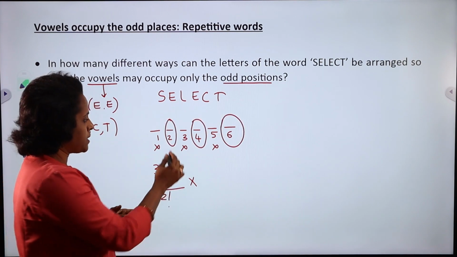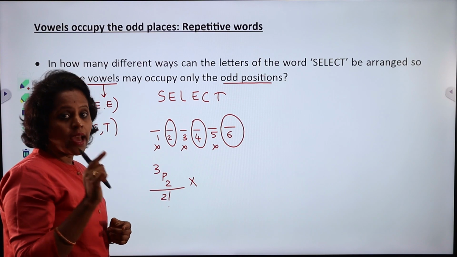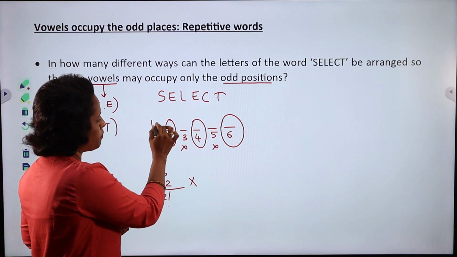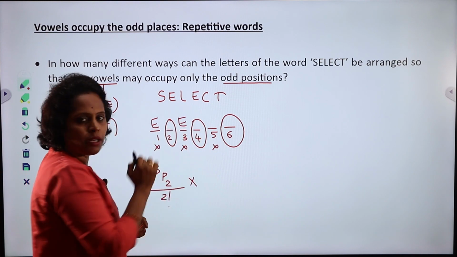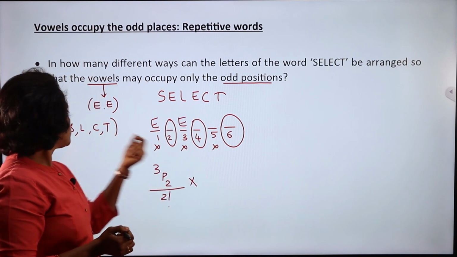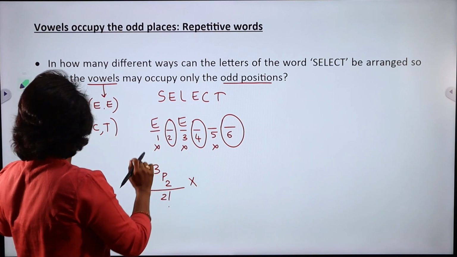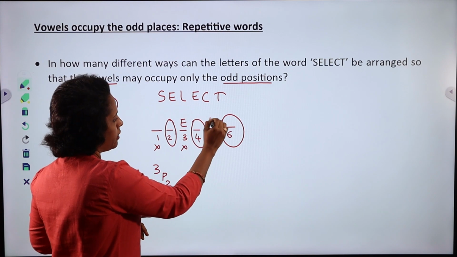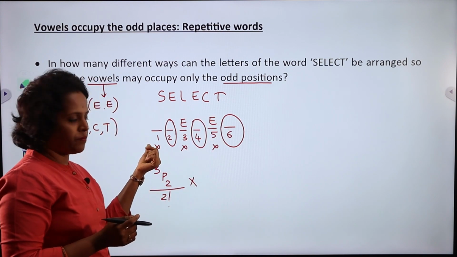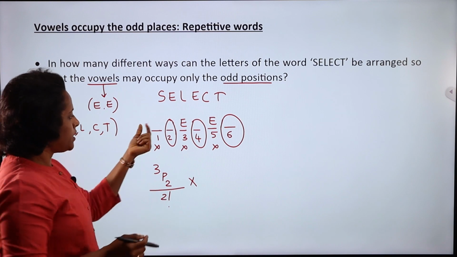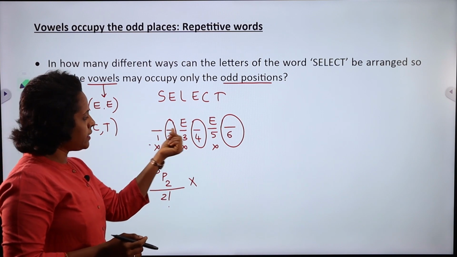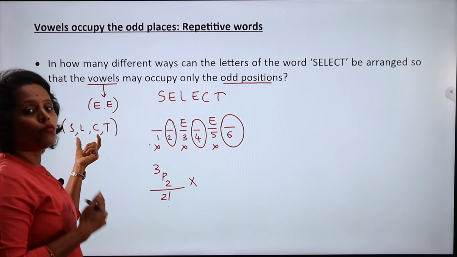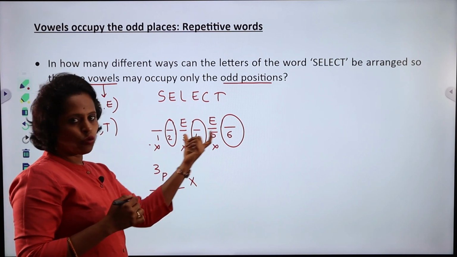So the remaining places are 2, 4, 6 and 1 from the odd positions, because if I place E here, 5 will be empty. So that empty one should be filled with a consonant. Otherwise, if I take E and E here, this place will be empty. Got it? So this one empty place and these 3 even numbered empty places, 2, 4, 6, can be filled with the 4 letters.